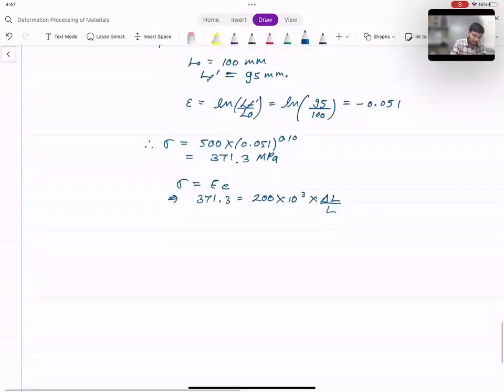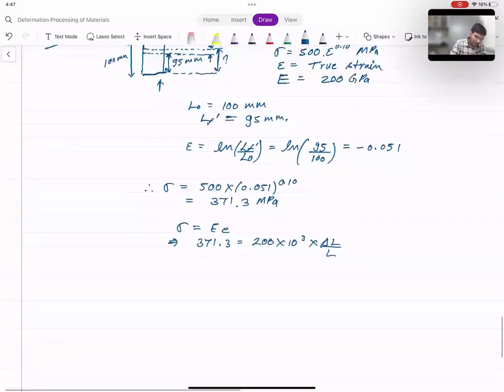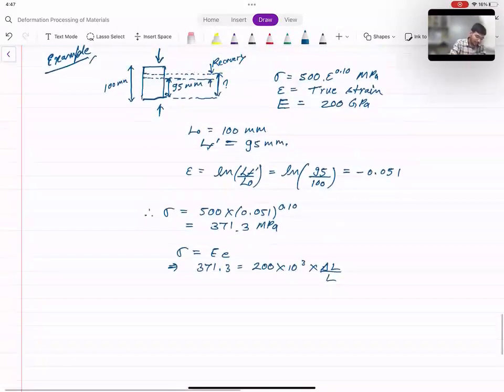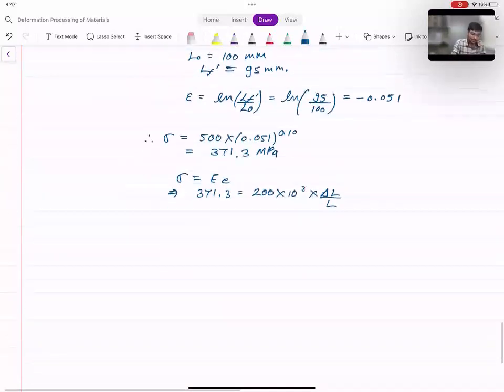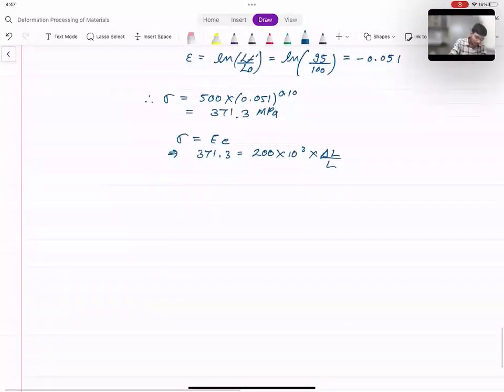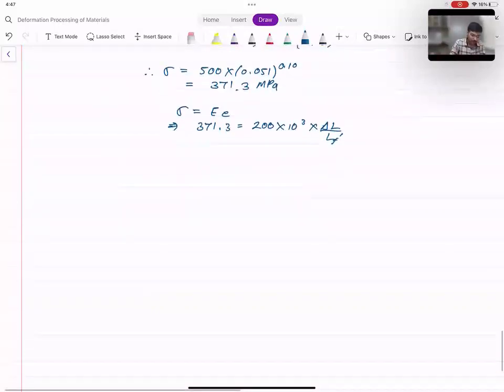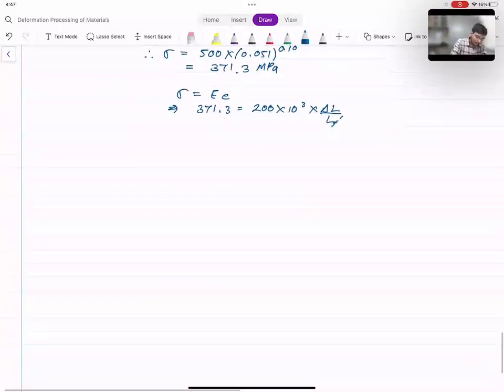Now here this strain is for the second step, that is, the initial length here will be 95, and the change in length will be this recovery that we want to calculate now. So this is nothing but the temporary LF.